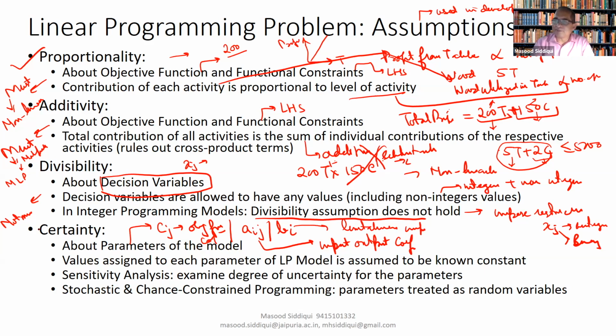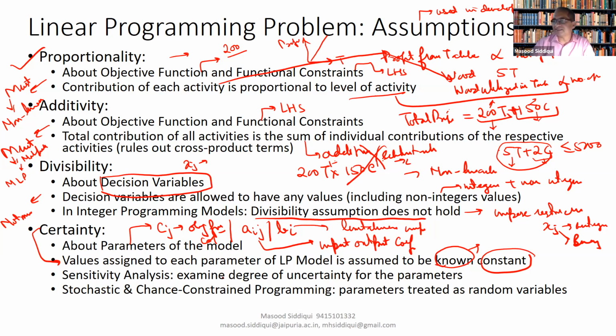The assumption of certainty says that the values assigned to each parameter of the LPP, whether it is Cj, Aij, or Bi, are assumed to be known constants. The first thing is they should be known and they should remain fairly constant. Now, we use this assumption for the LPP, but we also consider that there are some variants. The first variant is sensitivity analysis.